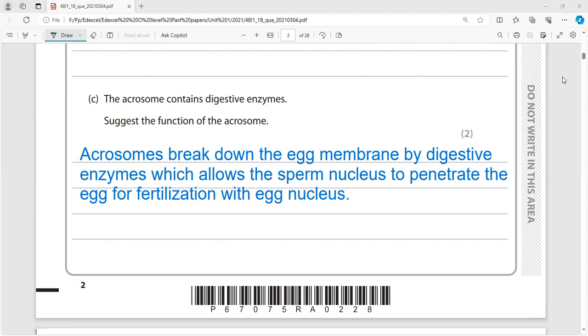So here we have two keywords. Number one, it digests the outer membrane of the egg cell, and number two, for penetration for fertilization. So it helps the nucleus to penetrate into the cytoplasm of the egg cell for fertilization.